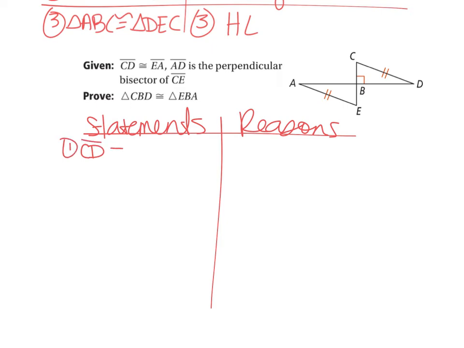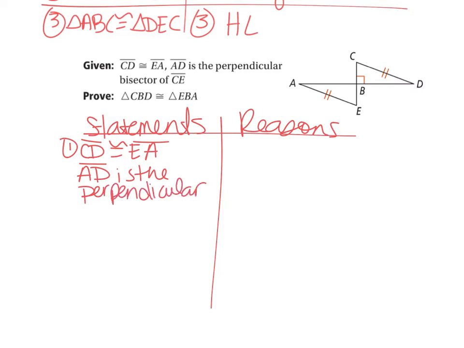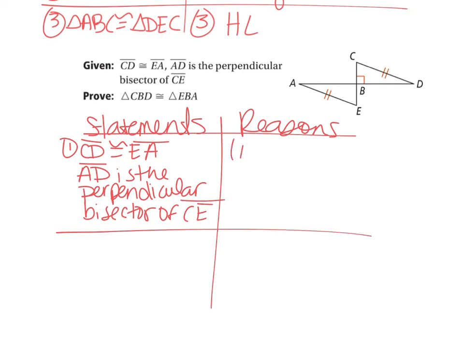CD is congruent to EA. And then AD is the perpendicular bisector of CE. That's our given.